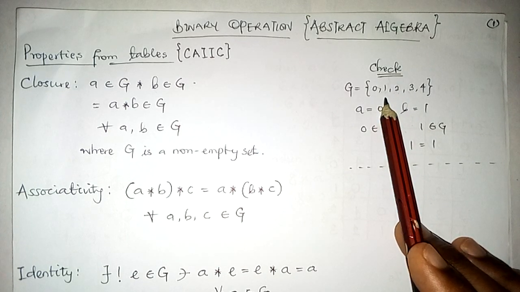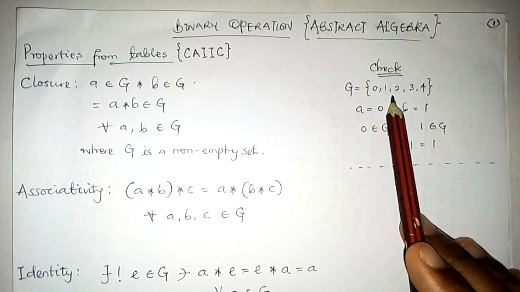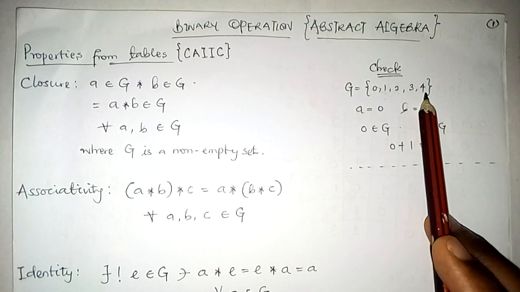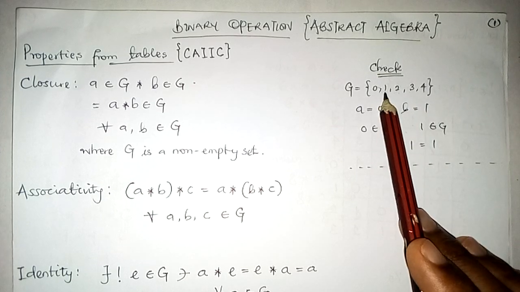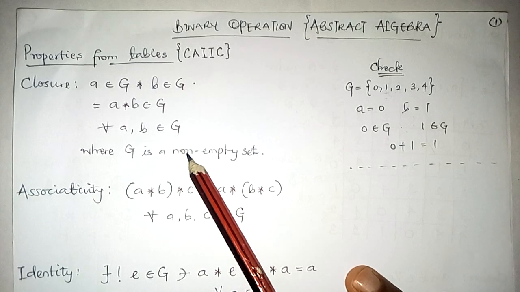Remember, go back to the previous video, where we worked on this with modulo 5. So 1 plus 4 is 5, and 5 divided by 5 gives us 1 and remainder 0, and 0 is inside this set. So that is how the closure property is satisfied.